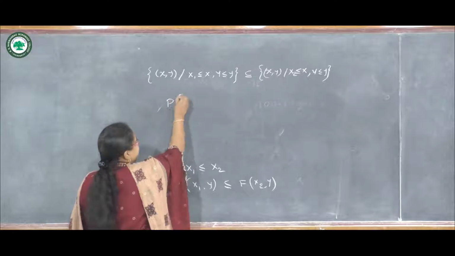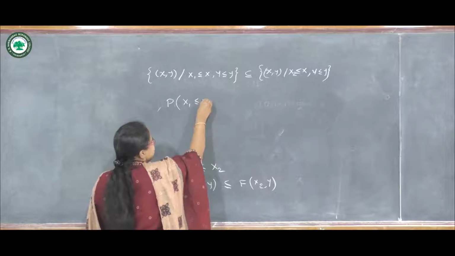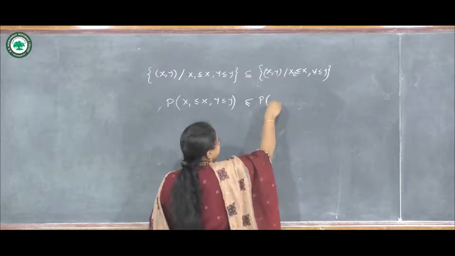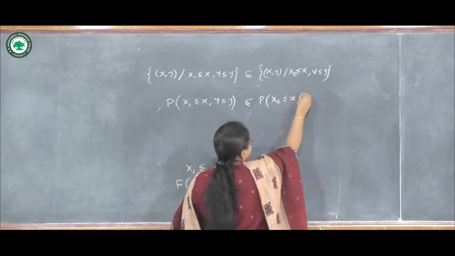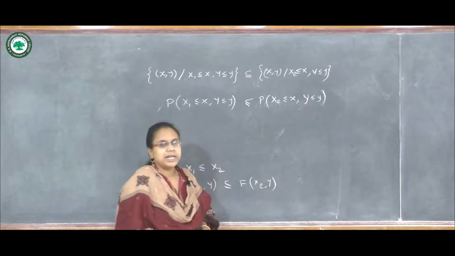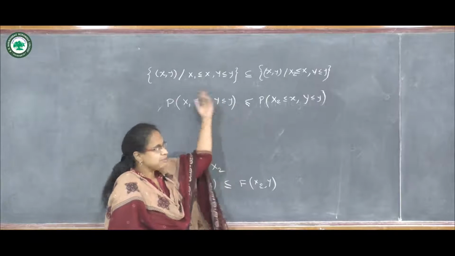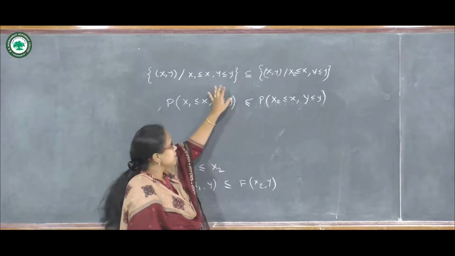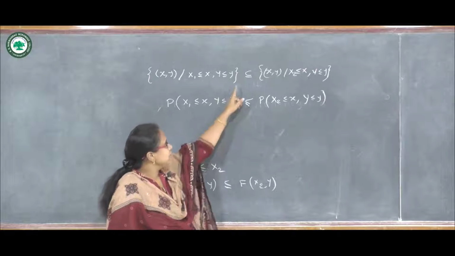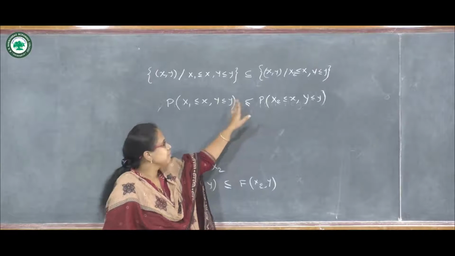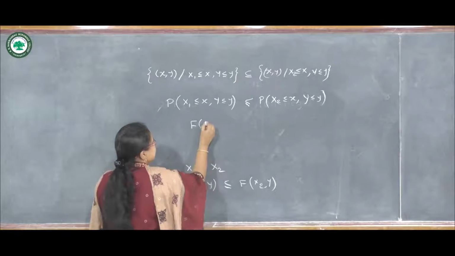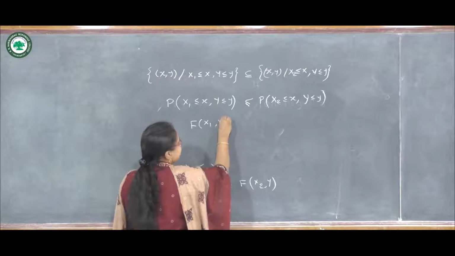If we take its probability, the probability of X less than or equal to x1, Y less than or equal to y, must be less than or equal to the probability of X less than or equal to x2 and Y less than or equal to small y. We know the rule that if one set is a subset of another set, then its probability is less than or equal to the other probability, and this is F of x1 comma y.